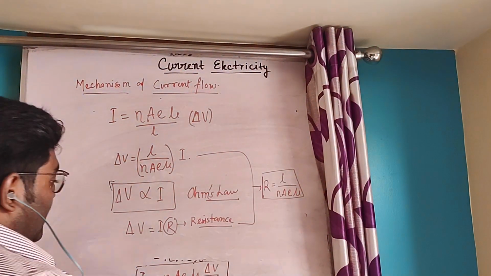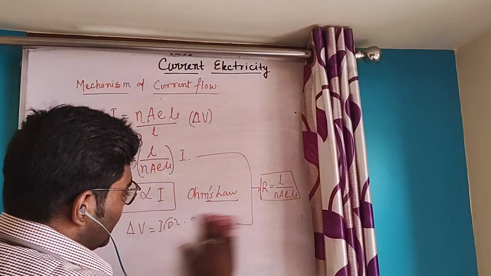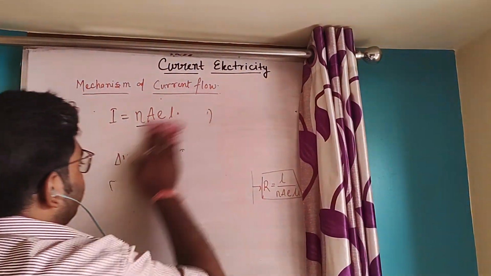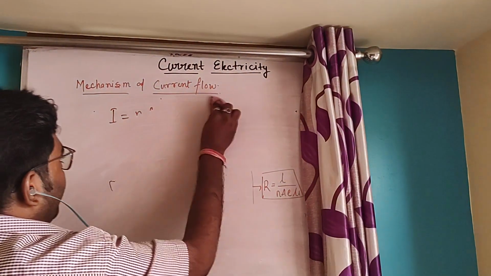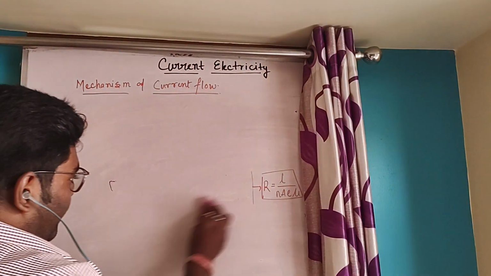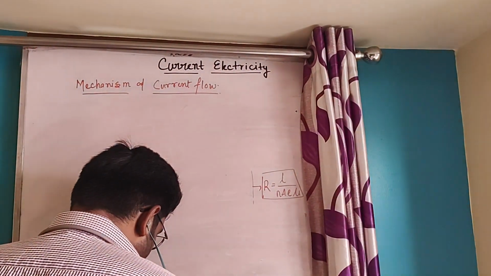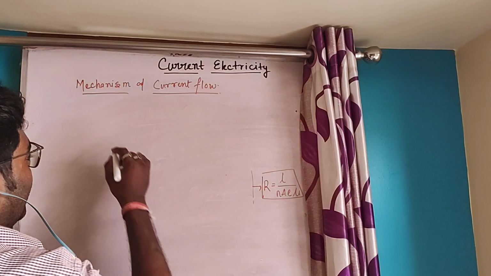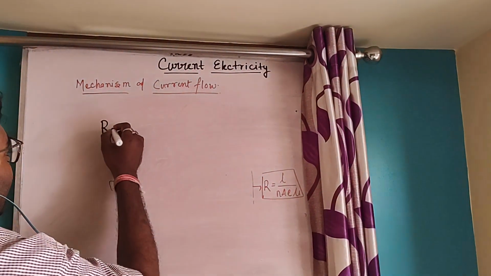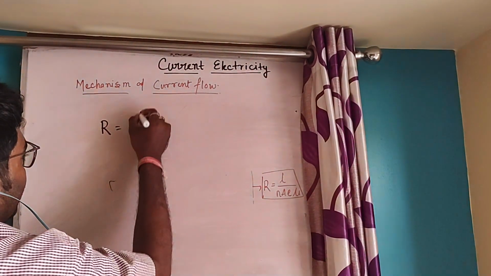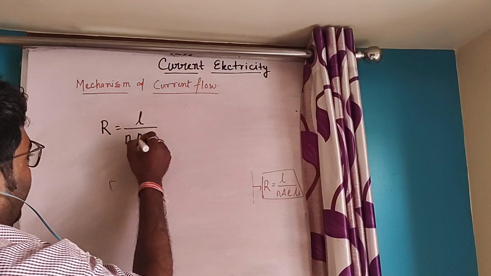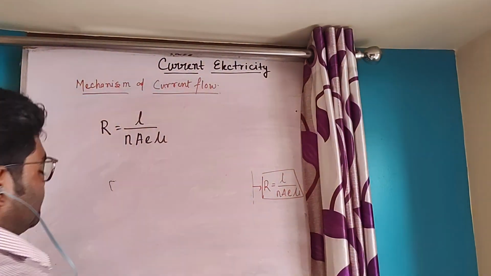Now look carefully at this expression. Ohm's law we have already deduced: R equals L by N A E into mu.